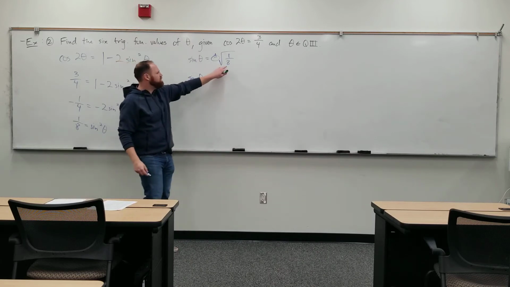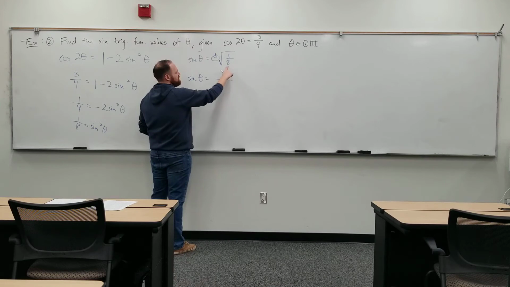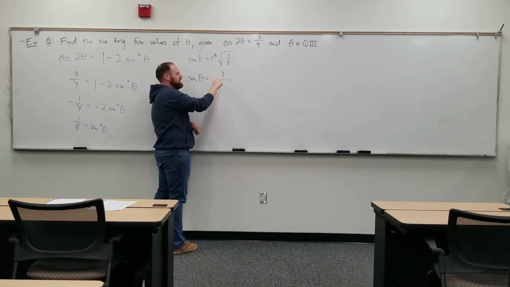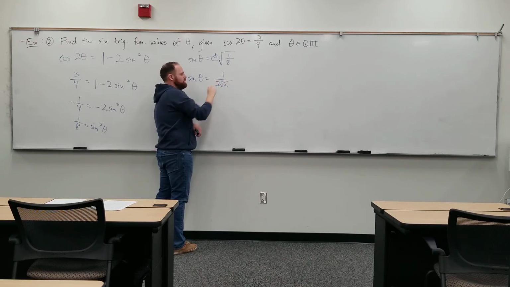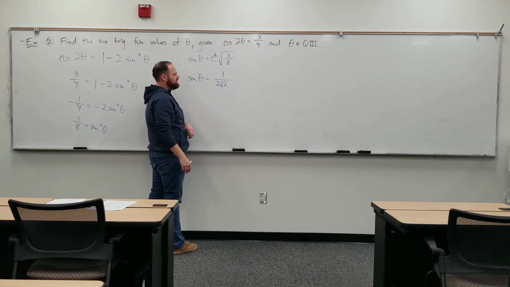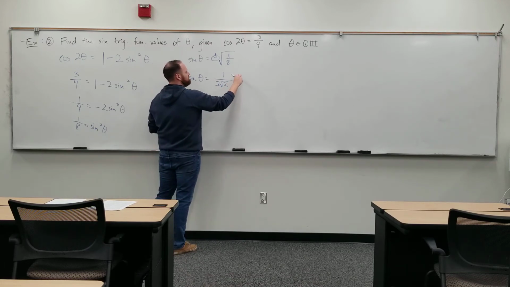For another thing, we could simplify this a little bit. Square root of 1 is 1. Square root of 8: now 8 is 4 times 2, and the square root of 4 is 2, so I think this is 1 over 2 root 2. We could rationalize this further by multiplying by root 2 over root 2.